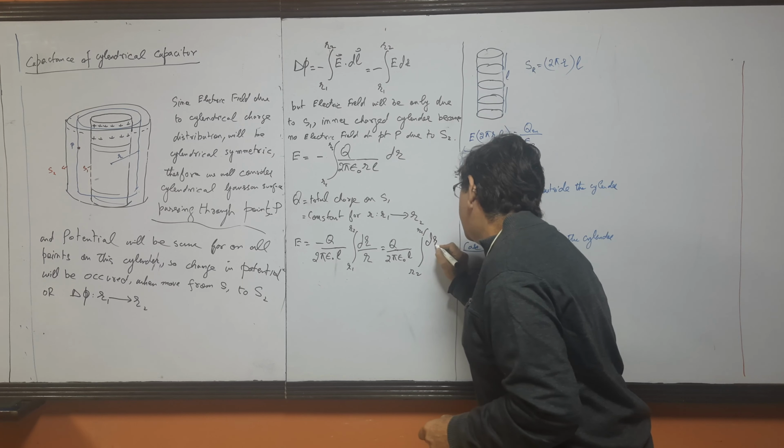Why? Yes, why? dr over R. If you are moving along the same path, from R1 to R2, and if we change the path, it will be R2 to R1.